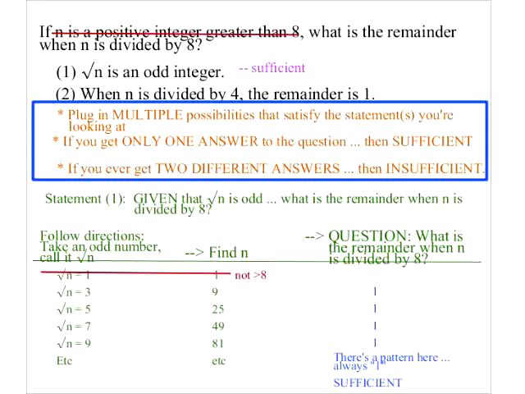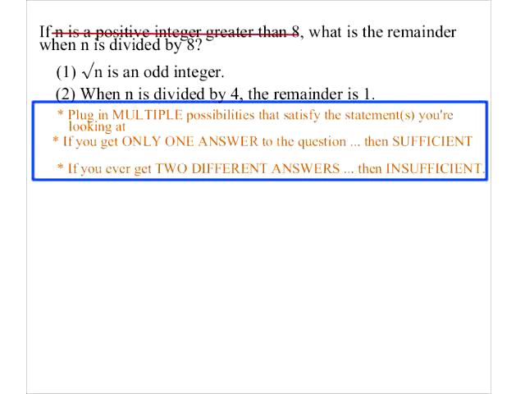Okay, let's look at statement 2. Statement 2 is given that n over 4 has a remainder of 1. What is the remainder of n over 8?